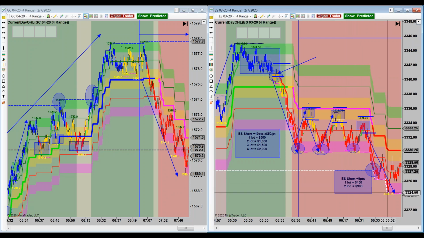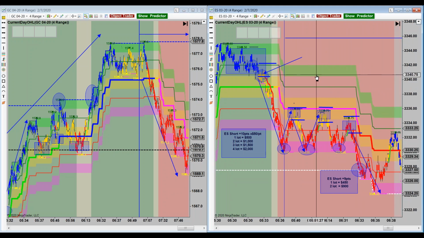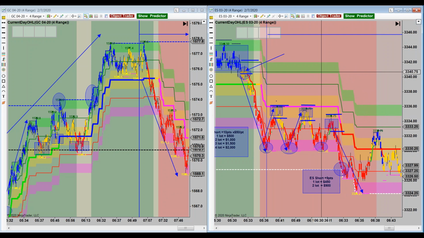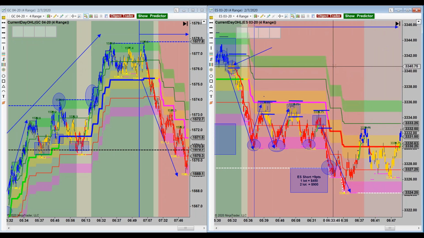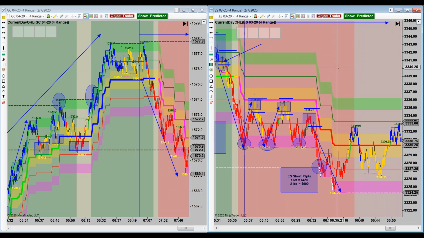And we'll track it time-wise on the bottom part of the screen. 6:30. Okay, so we're at 6:35 and change. Here we go. Watch the time, and watch what the market does. 6:36, 6:37, 6:40, 6:43, 6:46, 6:50. 10 minutes to 7 a.m., right?